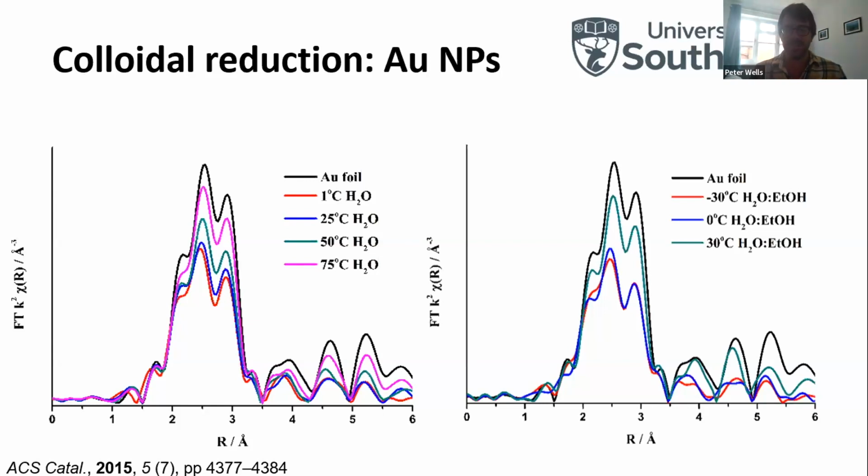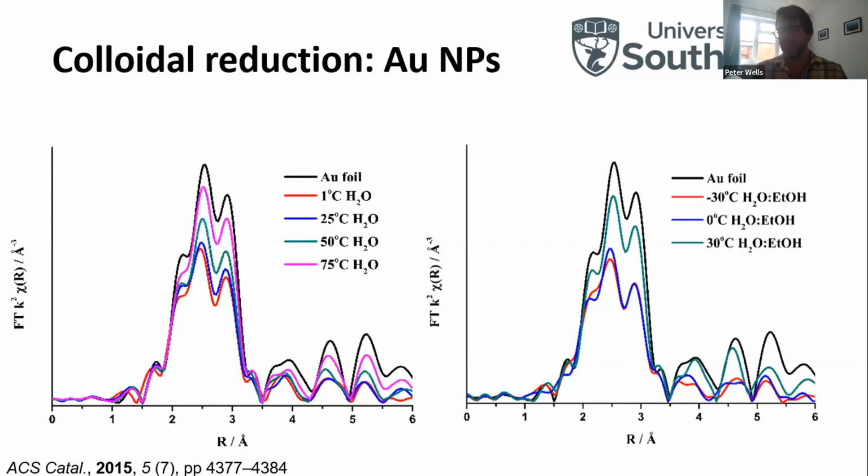As the intensity of that feature drops, that means your coordination number is dropping and, by inference, particle size is dropping. So if you work at lower temperature, you can achieve smaller particles. So we thought, hey, that's great. We have a really neat route to making controlled smaller particle sizes.